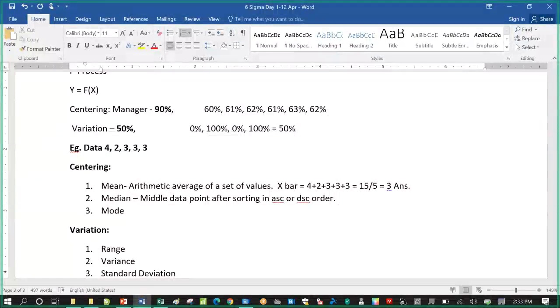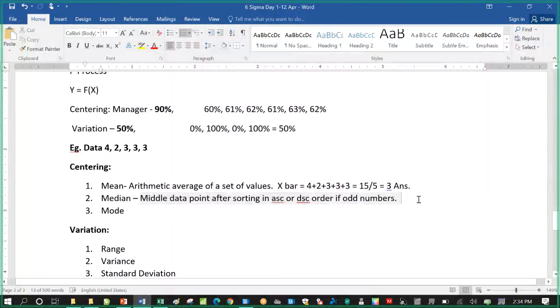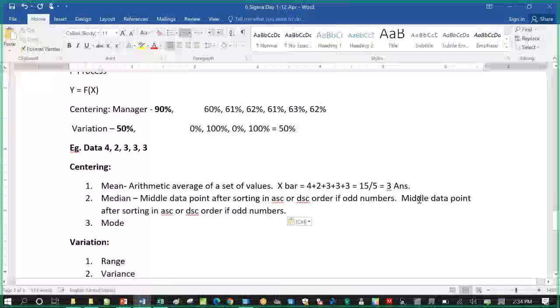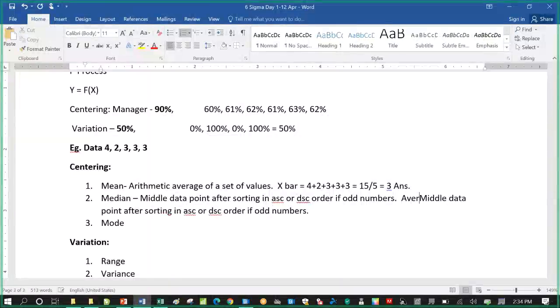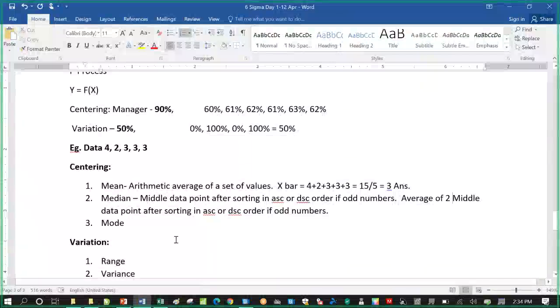This is for an odd number of data points. If it is an even number, then you take the average of the two middle data points after sorting in ascending or descending order.